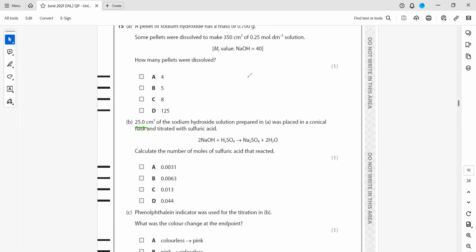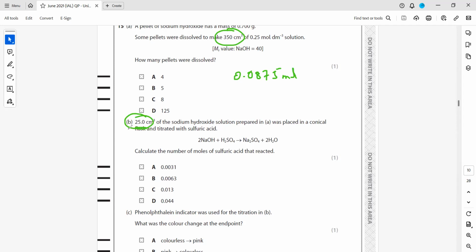The moles which we worked out, 0.35 times 0.25, were 0.0875 moles, which were in 350.